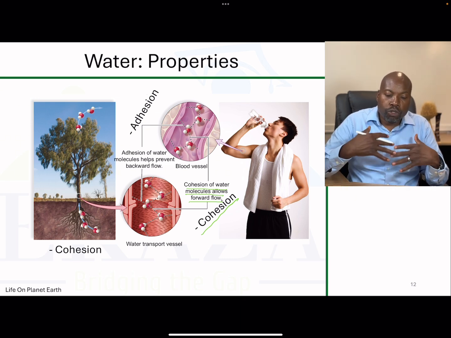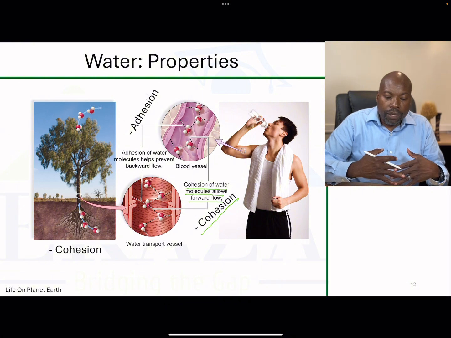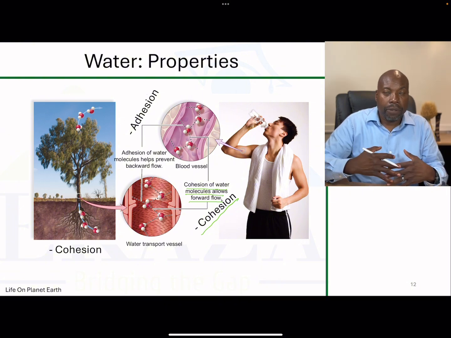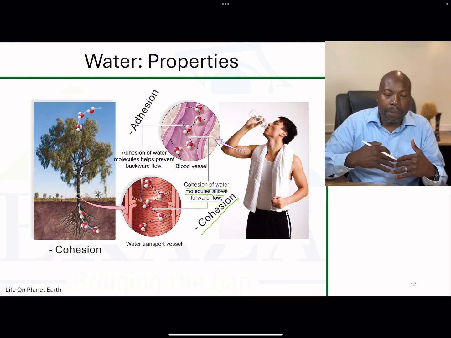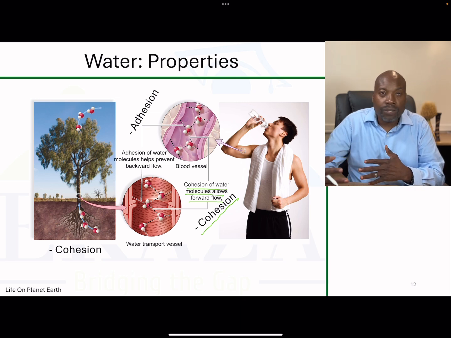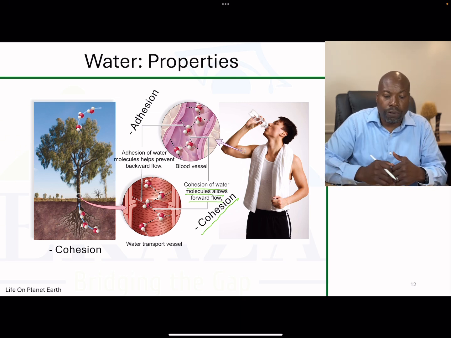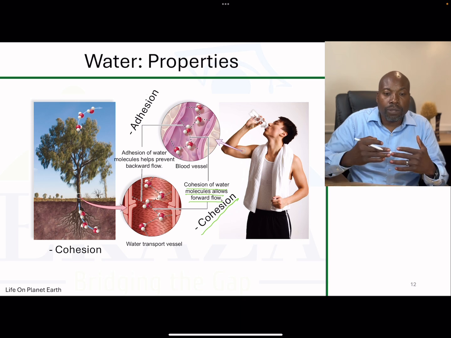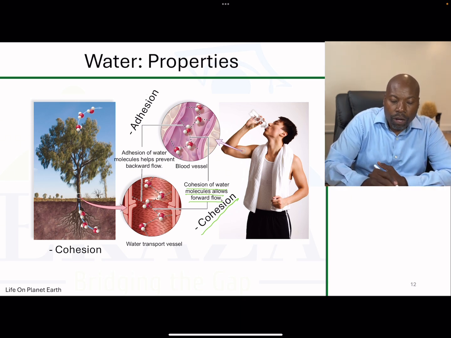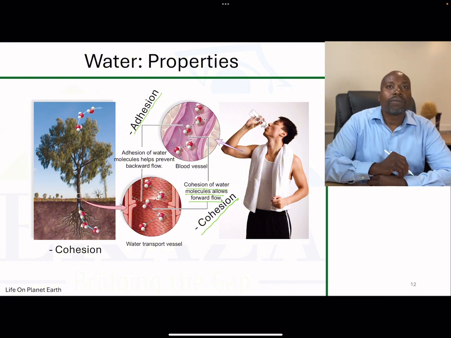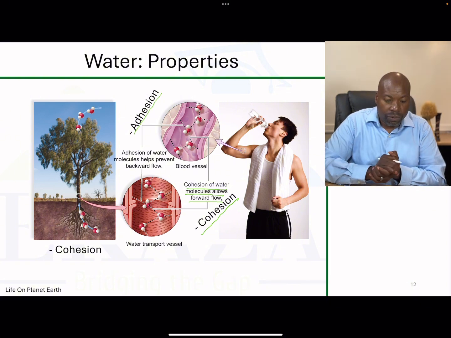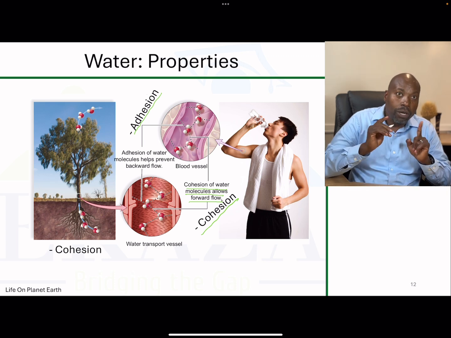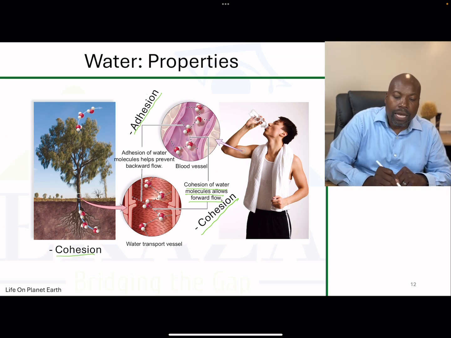When they interact with structures around them, which can be other chemicals, it can be walls, and so on and so forth, the type of connections that develop are called adhesion bonds, okay? So I want you to remember cohesion and adhesion.